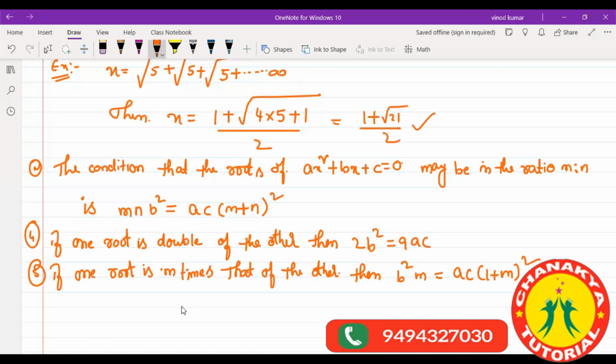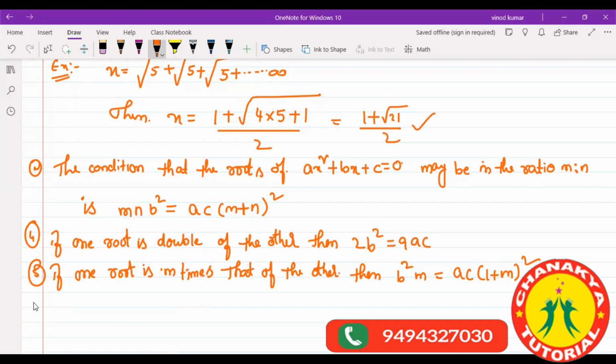Okay, one root is 2, another root is 8. That is 4 times, 4 twos are 8. So here b square m, that means what is given in the question, m is 4, times a into c into 1 plus m whole square. Just you are writing.